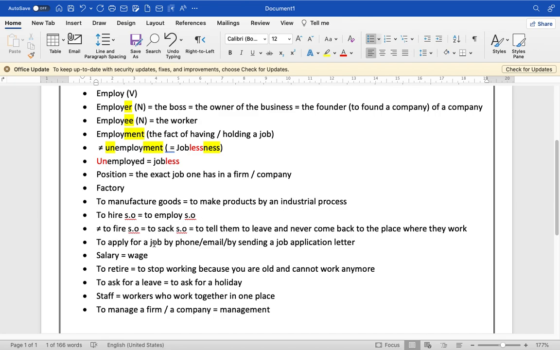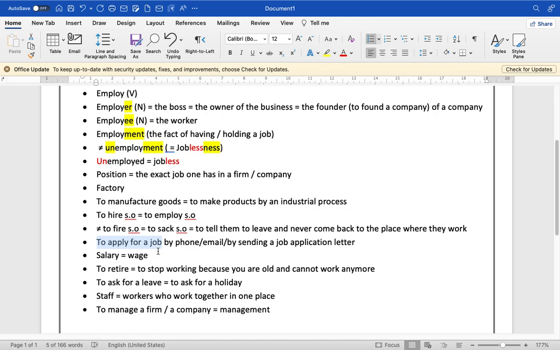To apply for a job, this is a keyword that will be important in the next lesson, lesson 9. Either you apply for a job by phone or email, but these days many people send emails to apply for a job. They used to send job application letters, which, by the way, may be one of the types of letters that can be included in an exam.